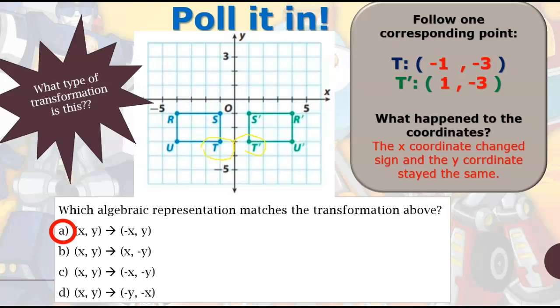So what we have here is a reflection across the y-axis. And like we talked about before, when we have a reflection across the y-axis, our x-coordinate changes signs. So the answer to this question is A. Our rule is (x, y) transforms to become (-x, y). This is a reflection.